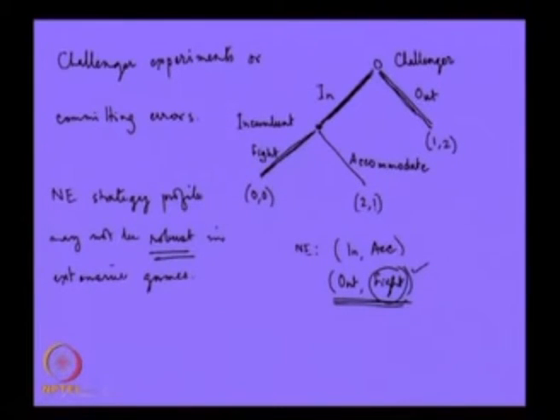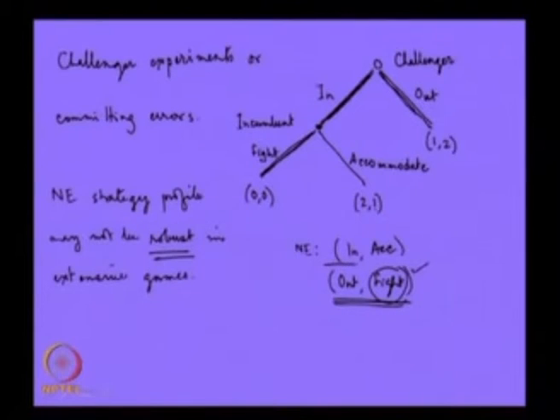And what we mean by this term robust is that if the challenger deviates from the equilibrium strategy, then the strategy which is mentioned in the equilibrium strategy profile is not in fact going to be followed by the other players.